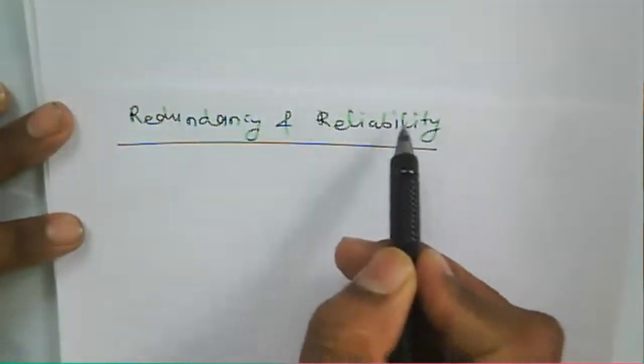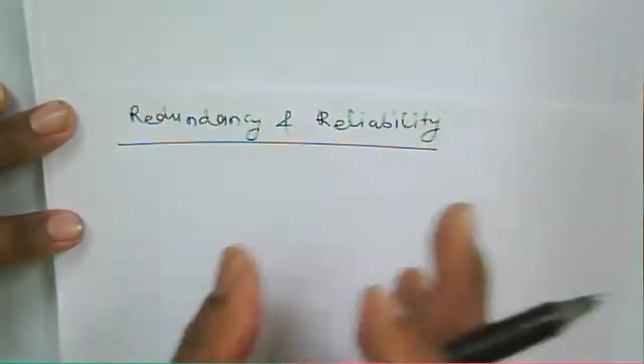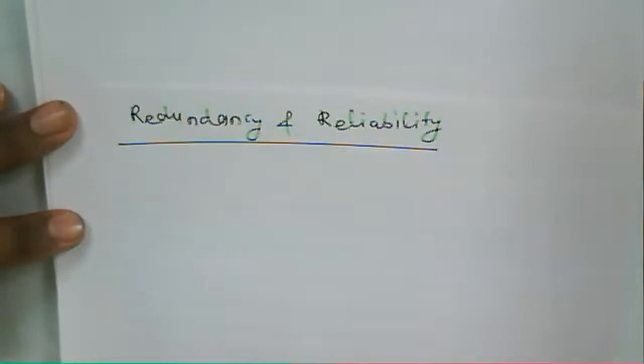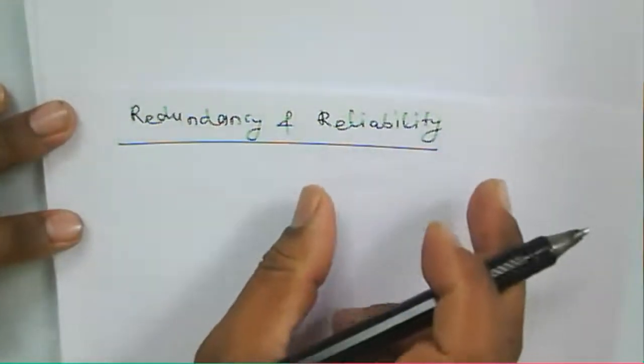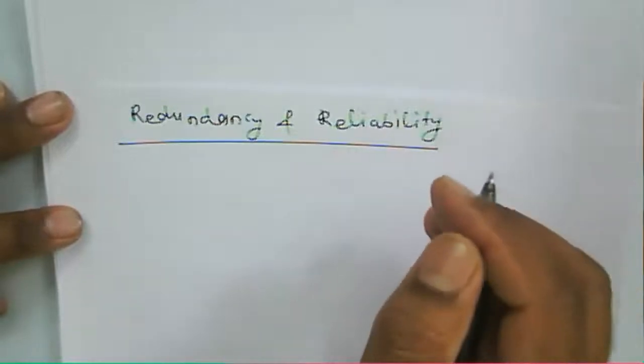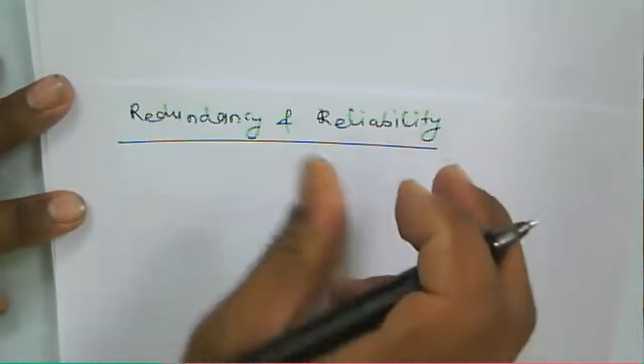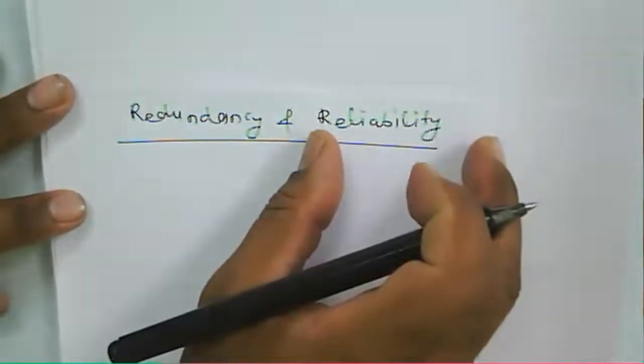So that's why we need to use components that can be used for a longer duration, for 10 years or 15 years. In that case, we can talk about the reliability.